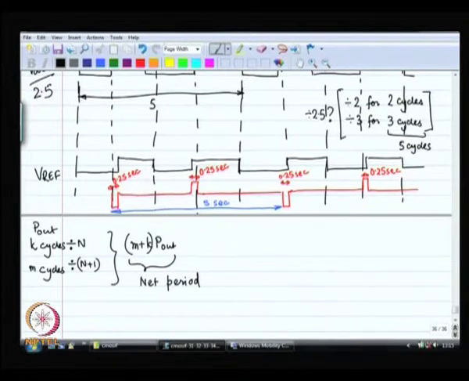Okay. And if this is the net period, then the spurs are going to appear at 1 by this. So, fundamental for spurs, 1 by m plus k times P out, is F out.